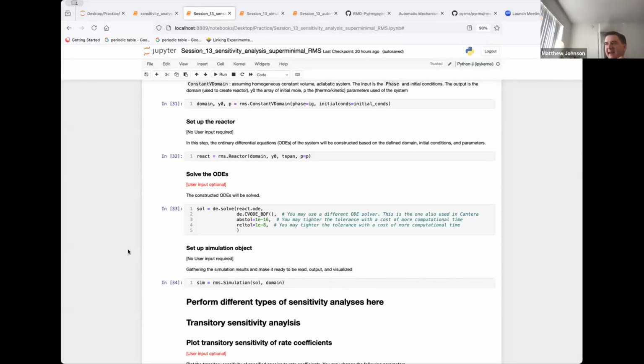For integrated sensitivity analysis, you have the memory of all the chemistry that you've integrated through. So for transitory, you need to be just a little bit before, because ignition is a very messy time for the simulation. And it's also not so useful for an instantaneous analysis, because if you care about ignition delay time, you care about the radical buildup before that leads to ignition, not the actual ignition point. Does that make sense? Yeah.